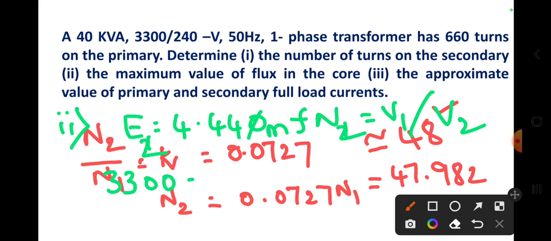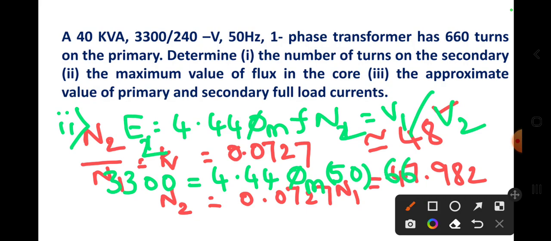So hence V1, that means 3300 is equal to 4.44 phi m. You need to find. F is 50 and N1 is 660. So hence what is the value of phi m? If you see this, 3300 divided by 4.44 into 50 into 660.